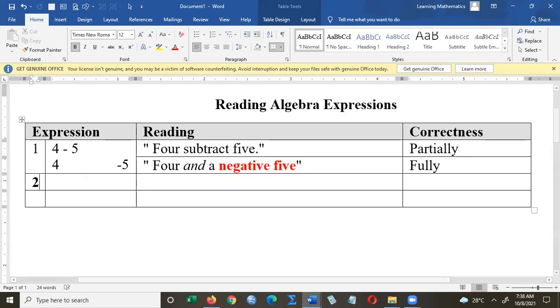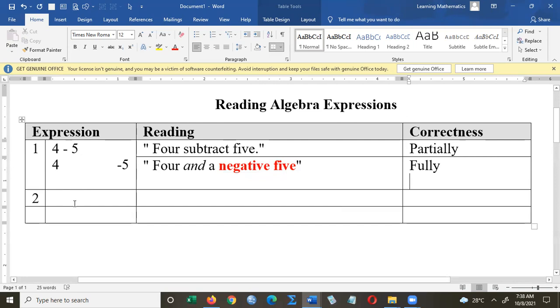Okay, so similarly, if you have a situation like this, let's say you have a 10. And by the way, it's just like saying cloth. Something is missing.